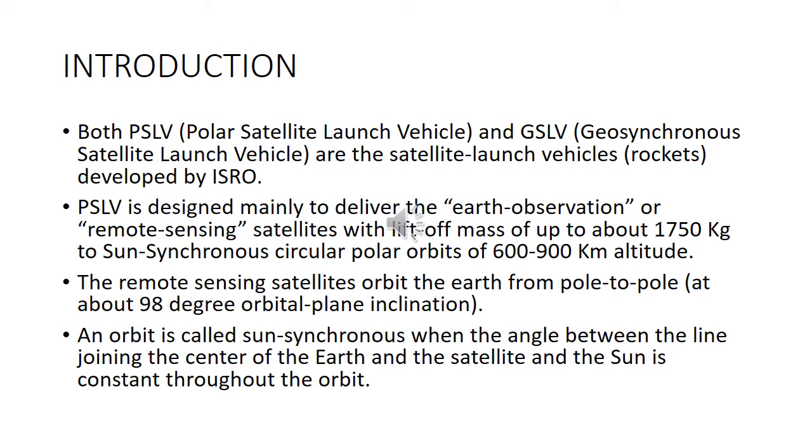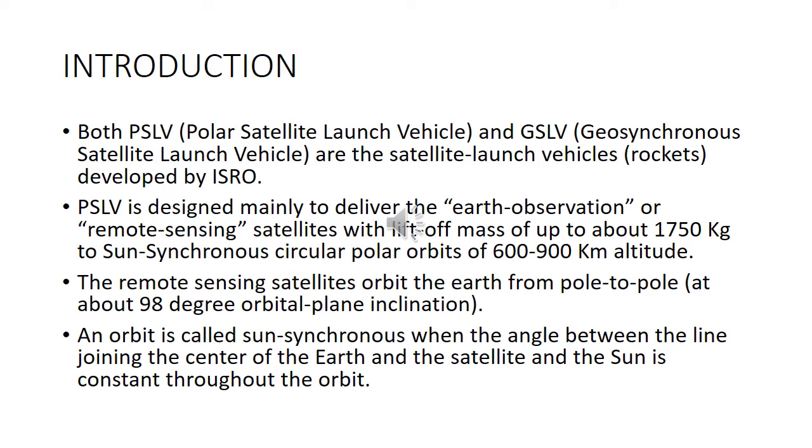Sun synchronous polar orbits are orbits at an angle of around 98 degrees, and the satellites orbit from pole to pole, from the north pole to the south pole. We can also explain it as the magnetic poles of the earth. But we do not use the word magnetic pole because, as we know, it shifts, so we use the words pole to pole.